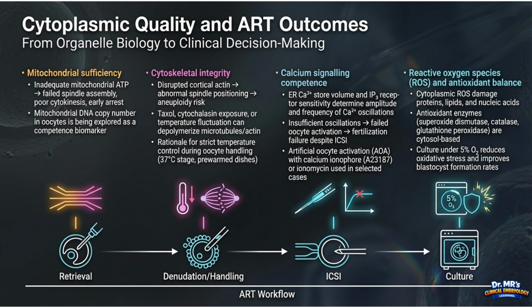If the stores are undersized or the receptors are insensitive, oscillations are weak or fail to sustain. Insufficient oscillations mean failed oocyte activation. The zygote is never properly switched on. This is why artificial oocyte activation with calcium ionophore is used in cases of repeated total fertilization failure after intracytoplasmic sperm injection, where the pattern points to activation deficiency rather than sperm dysfunction.